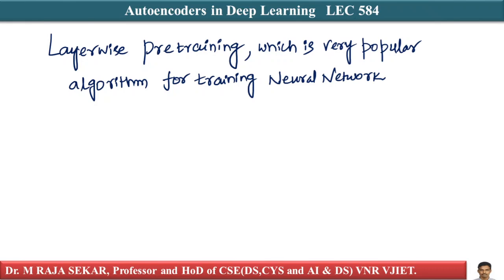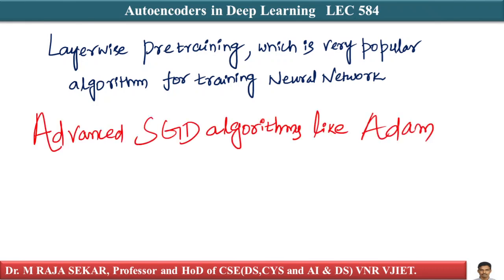But right now everyone has moved to advanced SGD algorithms like Adam. What we have seen right now is very simple: a one hidden layer based autoencoder.